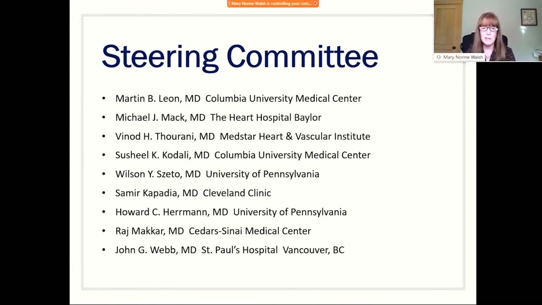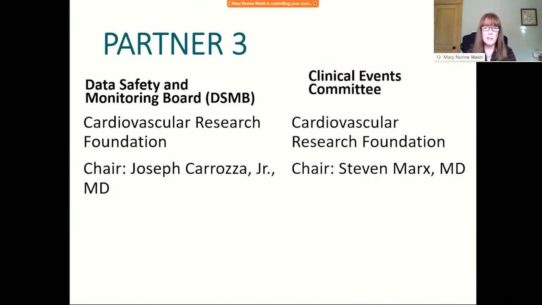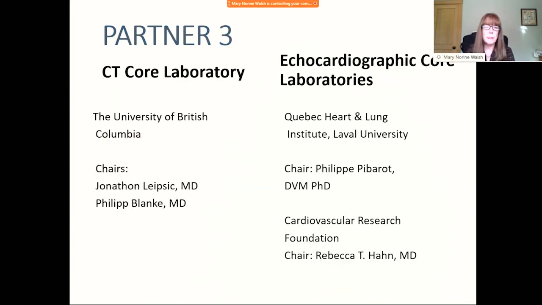That's part of why we're having the CTR program, so that we get some diversity into the ranks of steering committees. And then the DSMB was run by the Cardiovascular Research Foundation, and the chair was Dr. Carrazza. The Clinical Events Committee was Cardiovascular Research Foundation, and this chair was Stephen Marks. There was a CT and an Echo Core Lab, and you see where that work was done. 2 different universities with the various chairs that I have listed there.